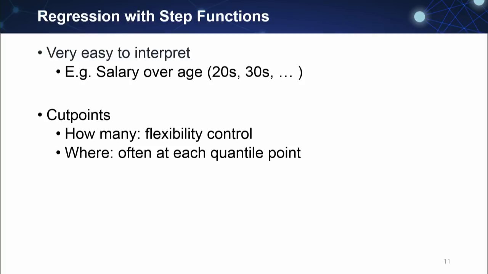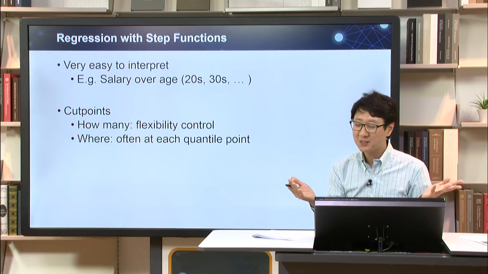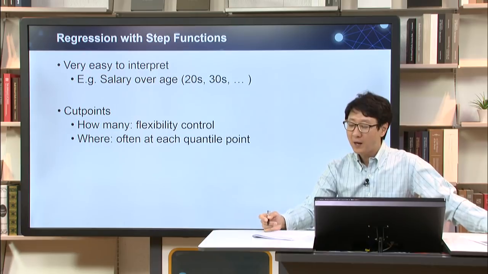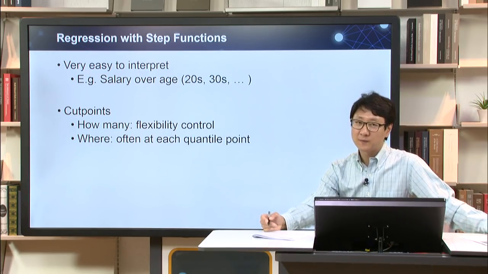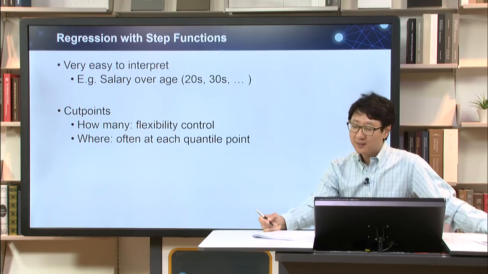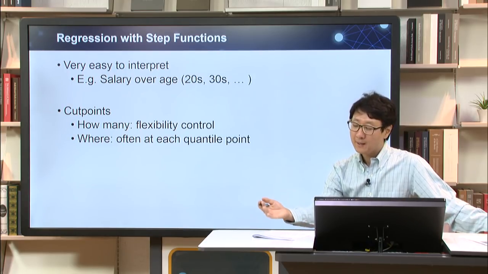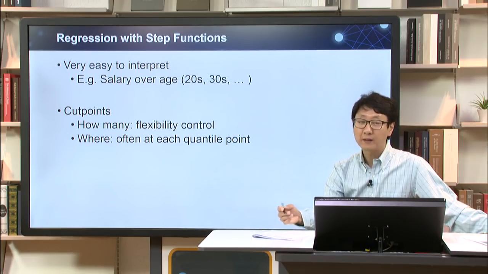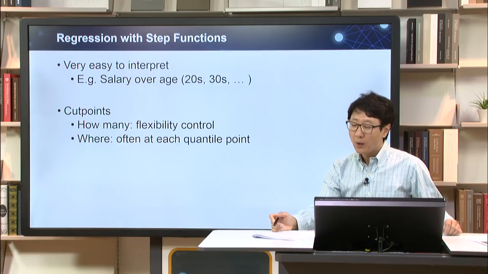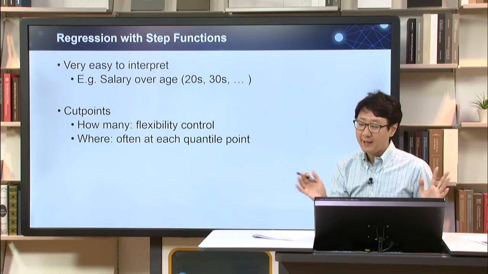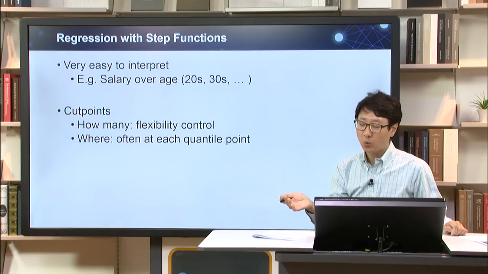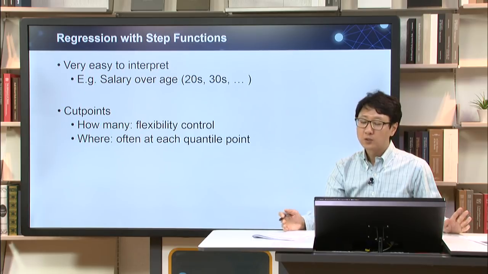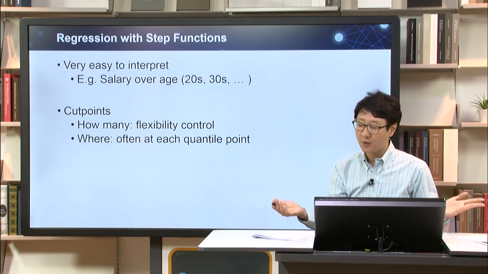So you may think this regression with the step function is quite stupid, right? Because it is too simple. While it seems too simple to be used for real applications, it is surprisingly used for many purposes, mainly because this method is very interpretable. For example, when salaries over age are reported in a news article or other documents, people like to use the salaries of 20s or 30s and so on.